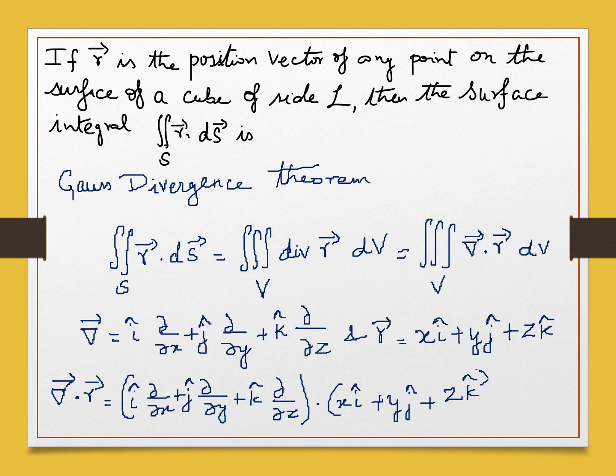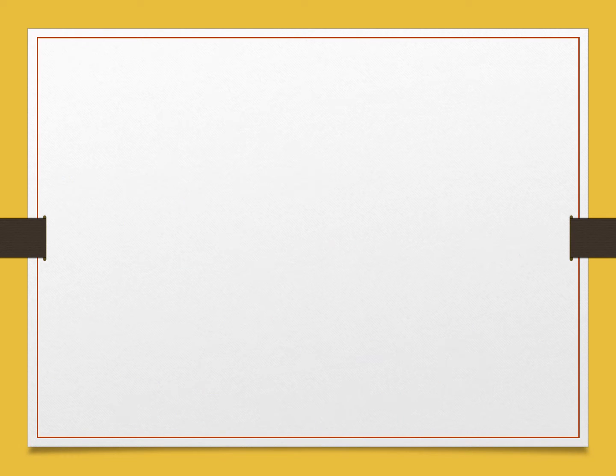To find del dot R, we just multiply the coefficients of i cap in del with the coefficients of i cap in R. Similarly, the coefficient of j cap is multiplied with the coefficient of j cap in R, and the coefficient of k cap with the coefficient of k cap in R.